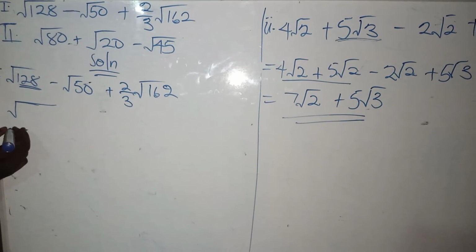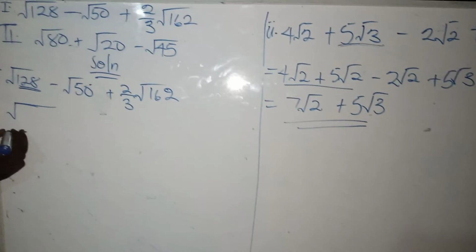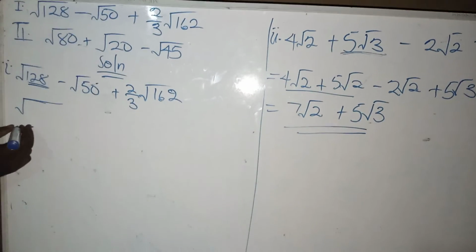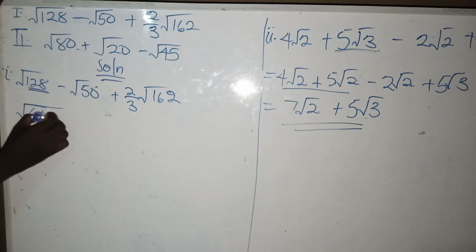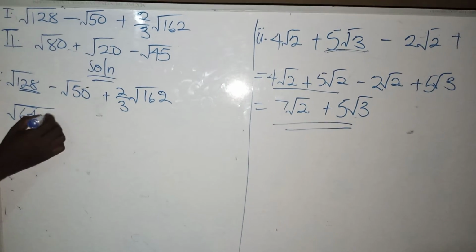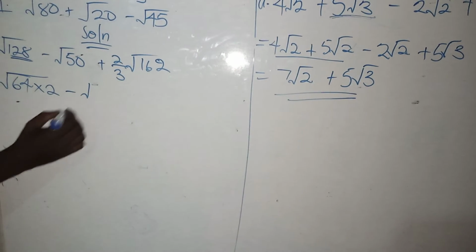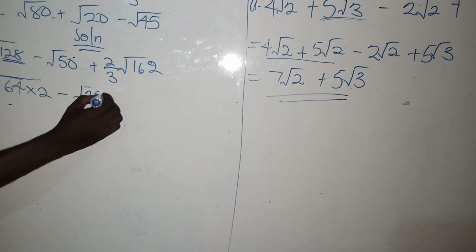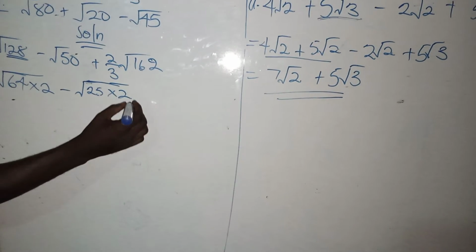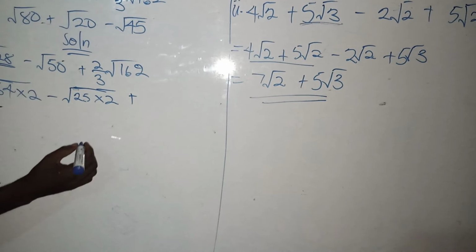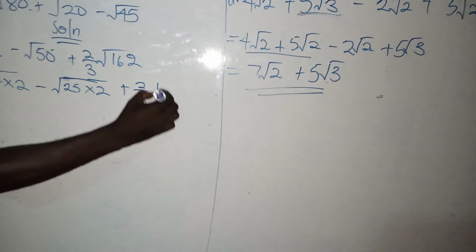We have 64 multiplied by 2, you get 128, minus 25, which is a perfect square, multiplied by 2, and then plus 2 over 3.